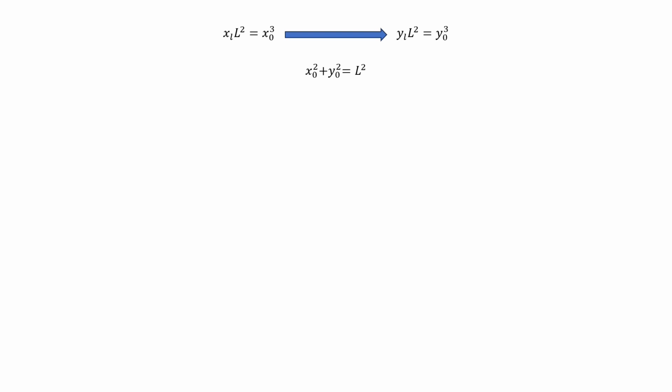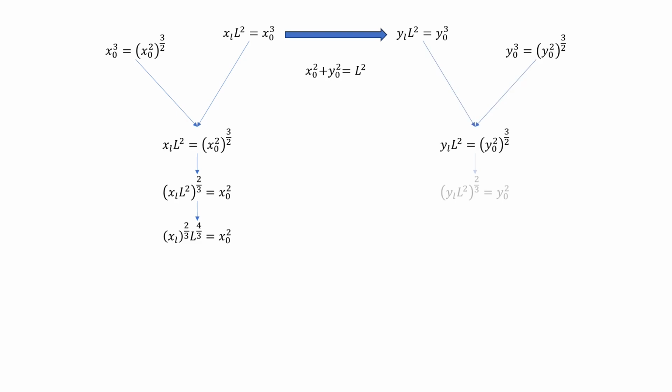So let's adapt them. Recall that anything cubed is just the same as that thing squared raised to the 3/2 power. So we can apply this form and get the x0 squared by itself by raising both sides to the 2/3 power, and then distribute the power of 2/3 to both factors. And now to do the same with the y counterpart.